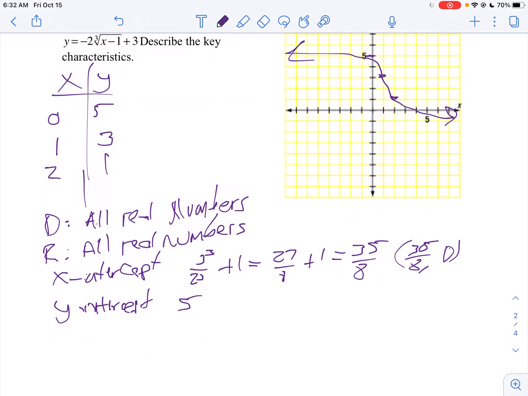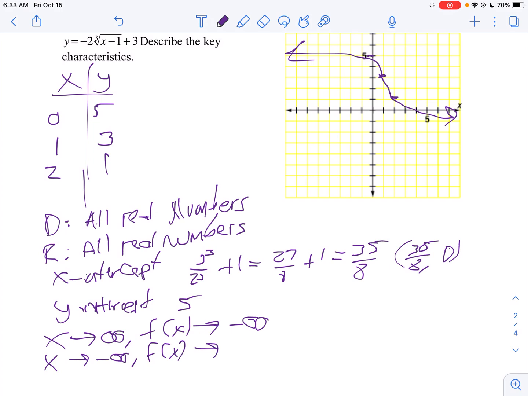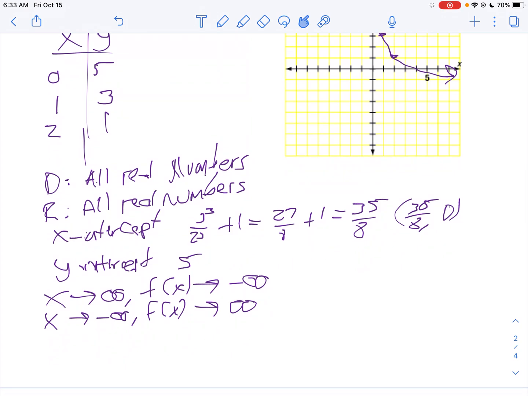And then as x approaches positive infinity, f of x approaches negative infinity. As x approaches negative infinity, f of x approaches positive infinity. It's symmetric around the point 1, 3. And that's the point of inflection also.